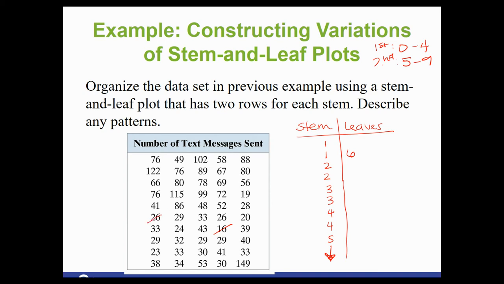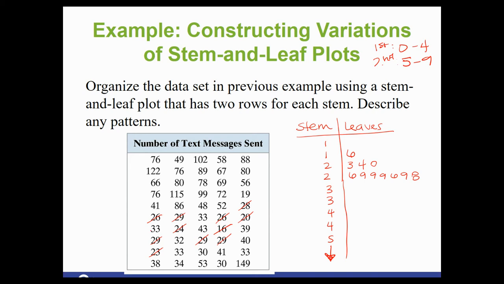For my 20s, we had 26, that goes in the second one. 29 goes in the second row. 23 goes in the first one. 29 goes in the second row. 24 goes in the first. 29's in the second row. 26 is in the second row, another 29, a 28 in the second row, a 20 in the first row, and we've hit all of our 20s.